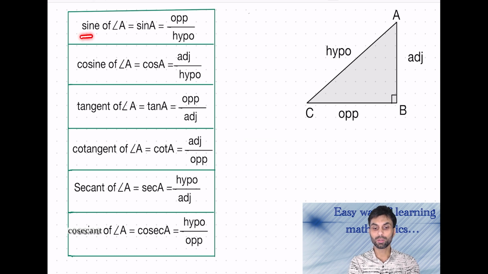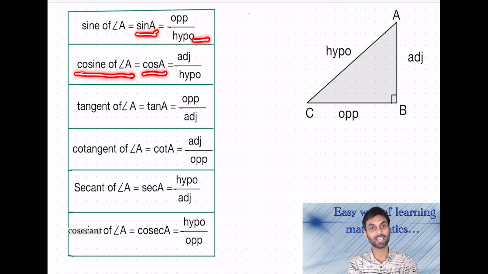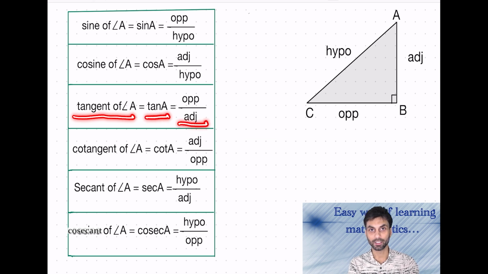If you talk about sine of an angle A, it will be denoted as sin A, and it is written as opposite upon hypotenuse. When you talk about cosine of an angle A, that can be written as cos A, and it is adjacent upon hypotenuse. If you talk about tangent of an angle A, that is written as tan A, and it is opposite upon adjacent.